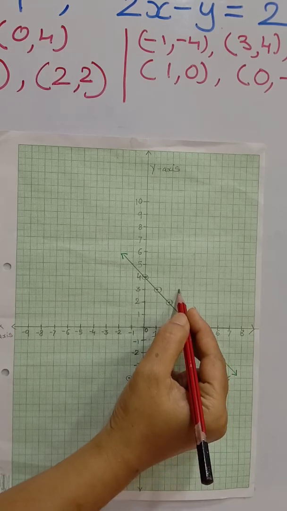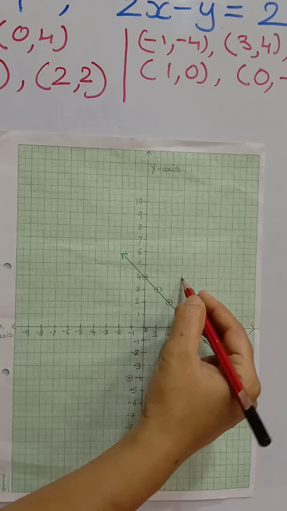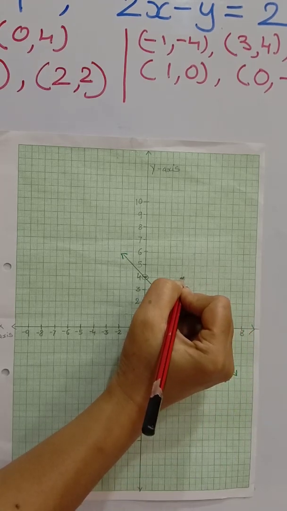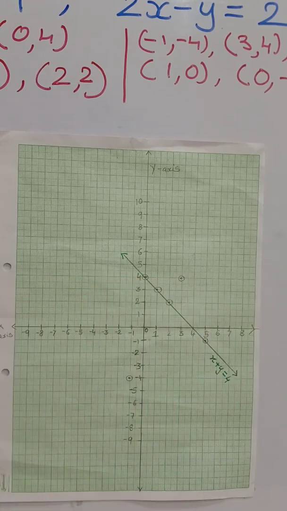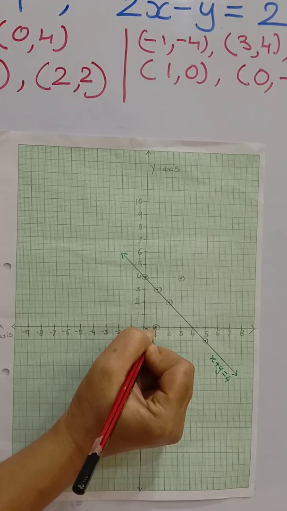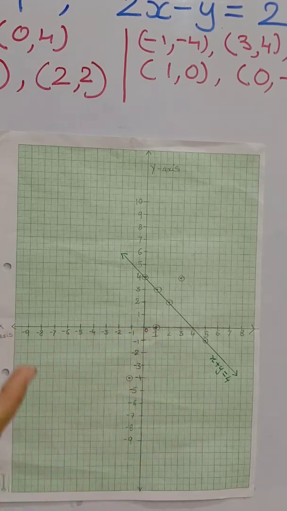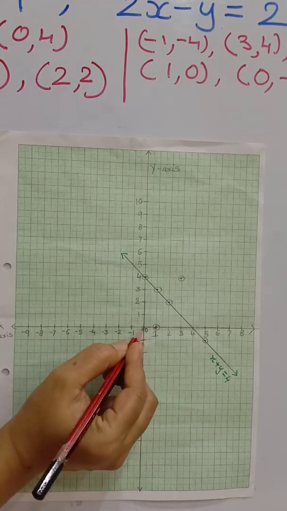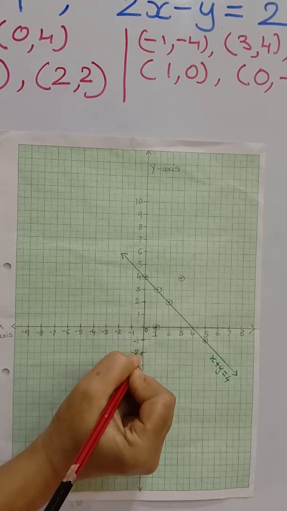So 4 will be over here. 3 and 4. Okay. Then you have 1, 0. X-axis 1. Y-axis 0 is same. This point. 1, 0. Then we have 0, minus 2. That means x-axis is 0 and y-axis is minus 2. That means it will go over here.